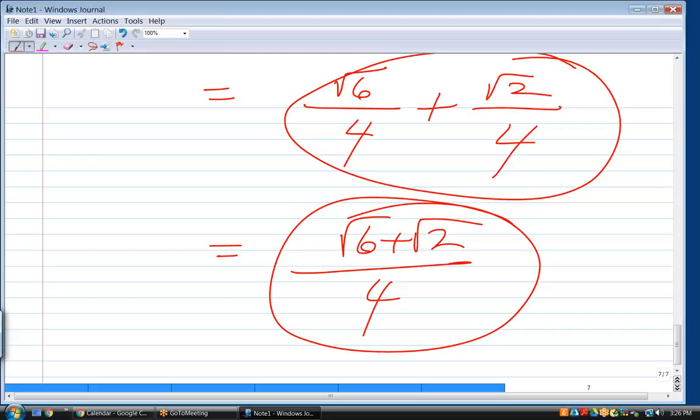But you would not want to convert this to decimal, notice. In other words, usually in trigonometry, they want you to give your answers in radical format. They want precise answers. This is the only precise answer, or this, but the moment I convert it to decimal, I've made it less precise.